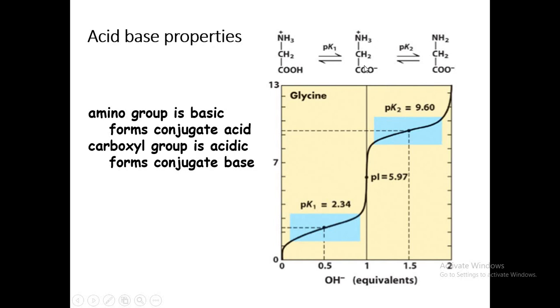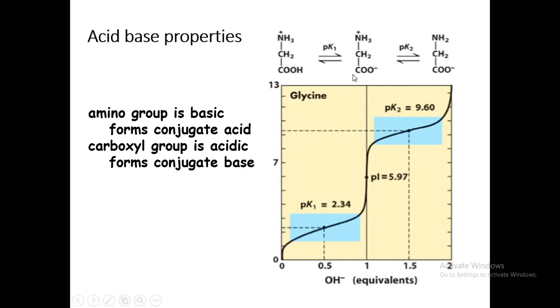When the carboxylic group loses its proton, we would have the zwitterion, that is amino acid having a dipolar ion at physiological pH. Means at pH 7 we would find amino acid in this form having both ions. So it will be found at neutral pH or pH near neutrality.